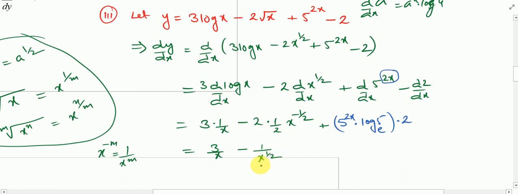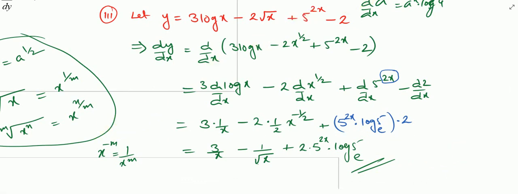But again, x to the power half will be equal to how much? Root x. So I can write like this, and here plus 2 into 5 to the power 2x into log 5. So this is the answer for question number 3.